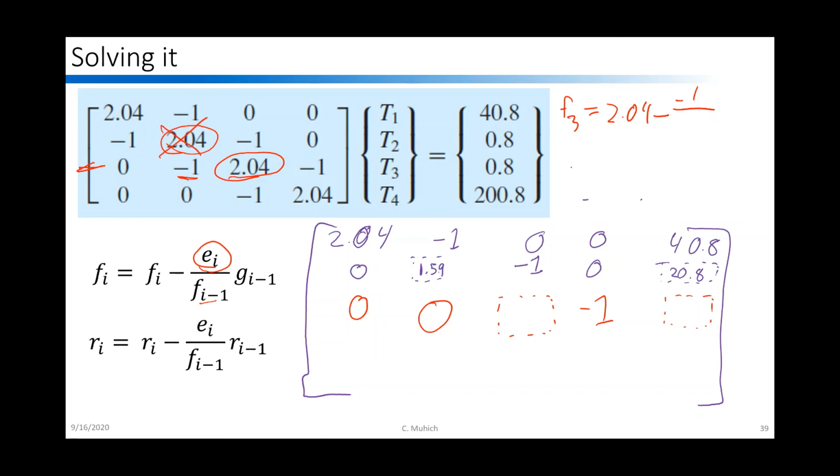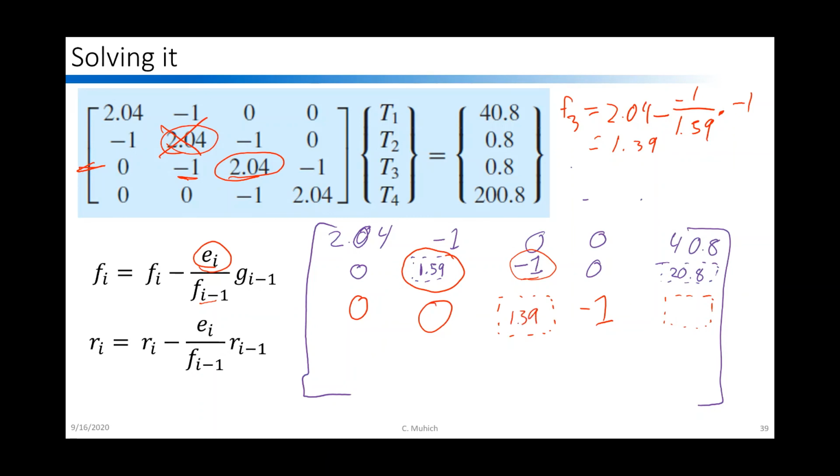We want to use this previous value, 1.59. That's the true row above it. And then we want to take g i minus 1. So what's happening in the row above it? It's still negative 1. So when I multiply all of this out, I'm going to end up with 1.39 in that column.